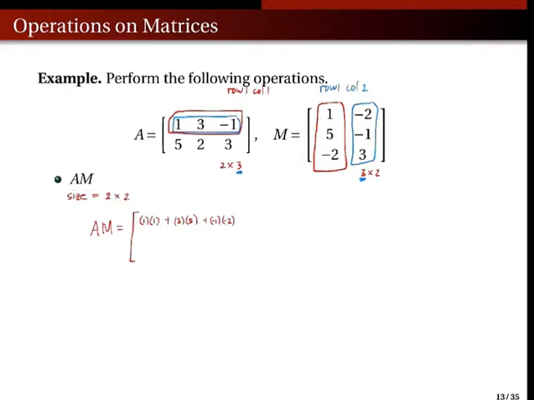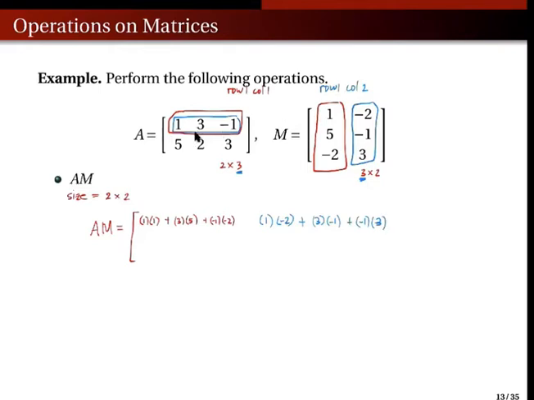Okay? Let us do that multiplication. You have 1 times negative 2 plus 3 times negative 1. And then you have plus negative 1 times positive 3.